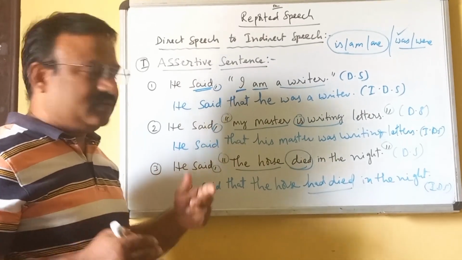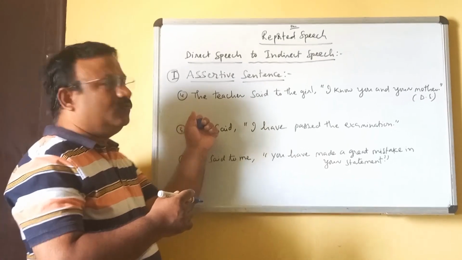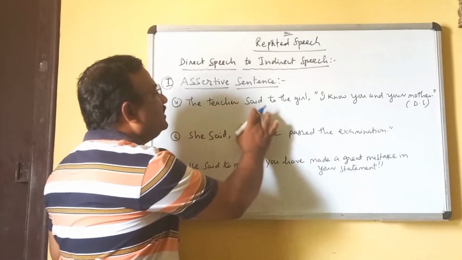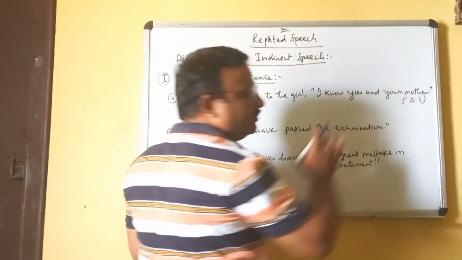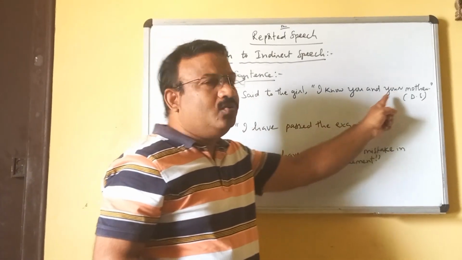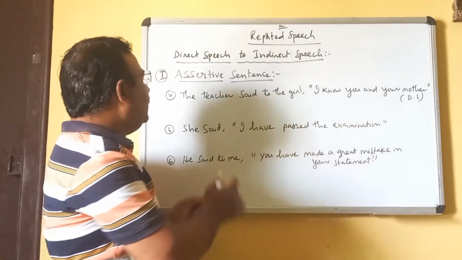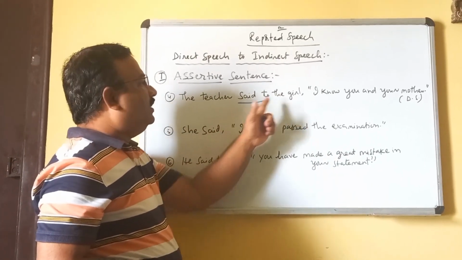Let us see some more examples. Now the fourth one. The teacher said to the girl, I know you and your mother. Here the teacher said to the girl.